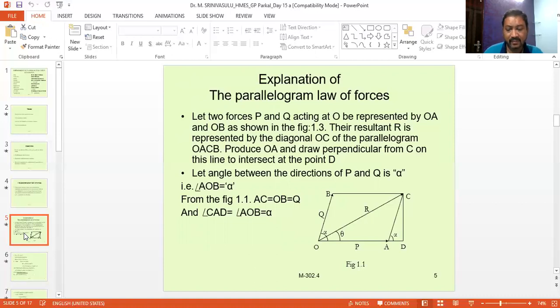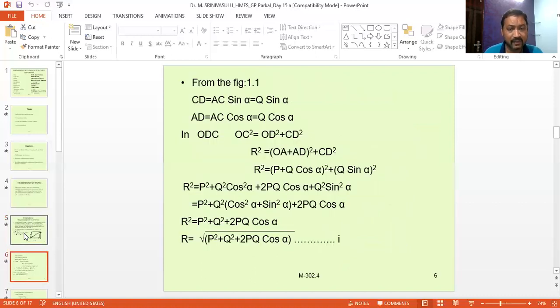Now we can substitute those values. So in the triangle ODC, OC square is equal to OD square plus CD square, and here OD we can write as OA plus AD whole square plus CD square. Therefore R square is equal to P plus Q cos alpha whole square plus Q sin alpha whole square.